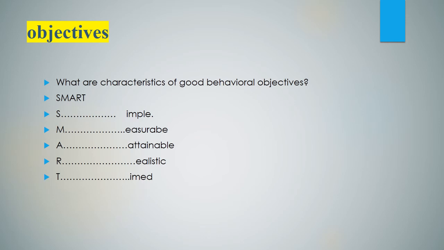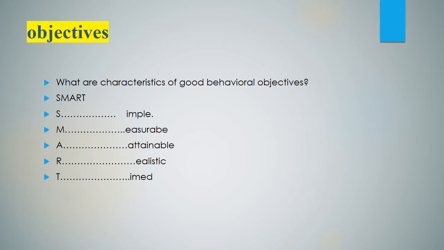S refers to simple, M measurable, A attainable, R realistic, and T timed. So the characteristics of good behavioral objectives: simple, measurable, attainable, realistic, and timed.